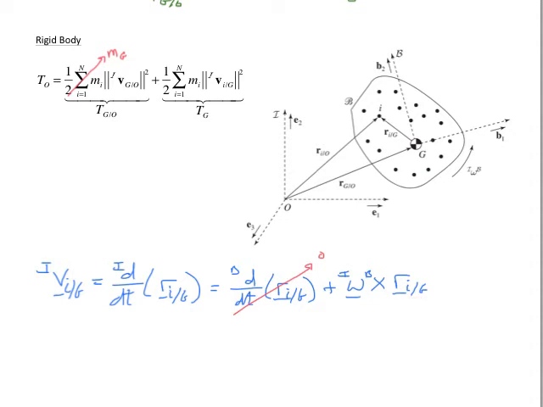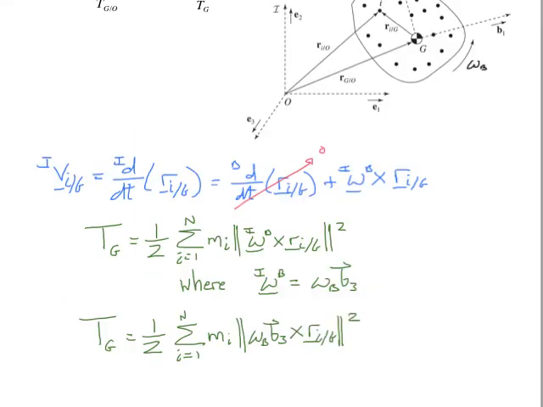So we substitute this into our expression for our kinetic energy about the center of mass. And so here we obtain this expression for the kinetic energy about the center of mass, where we've simply substituted omega cross r of I with respect to g into the expression.